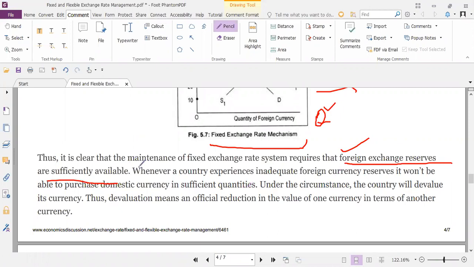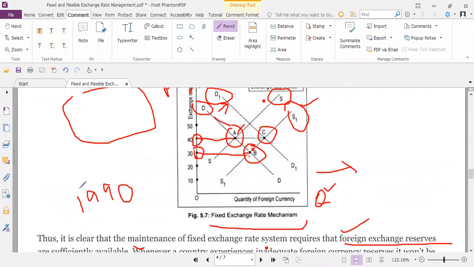So this was a situation India had faced in 1990, right? If you all remember this financial crisis, India had faced one crisis.